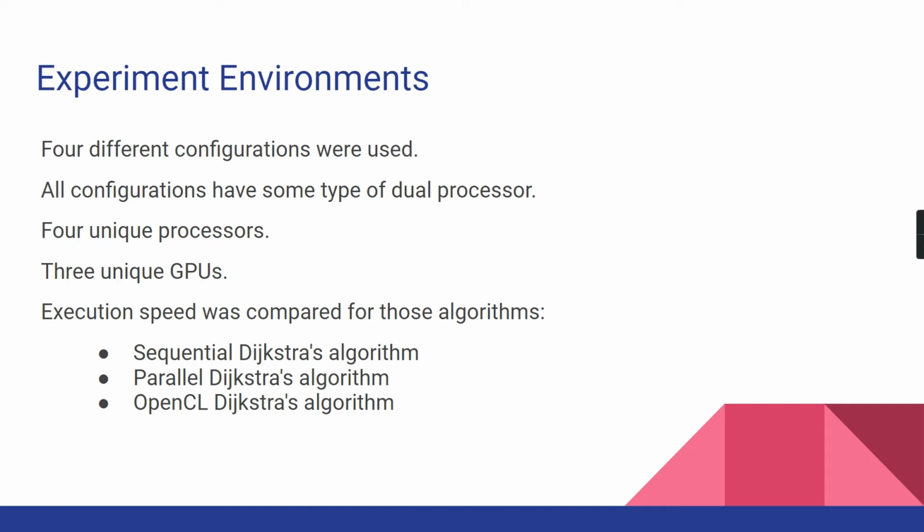There were 3 unique CPUs used in these experiments, and the execution speed for each of the 3 algorithms mentioned before were all tested on these processors and configurations. So the three mentioned before were the sequential Dijkstra's algorithm, the parallel Dijkstra's algorithm, and the OpenCL Dijkstra's algorithm.